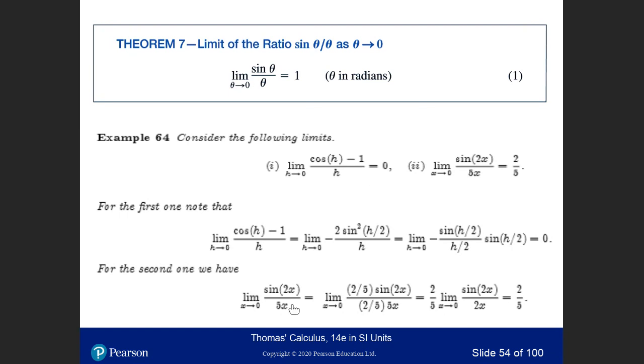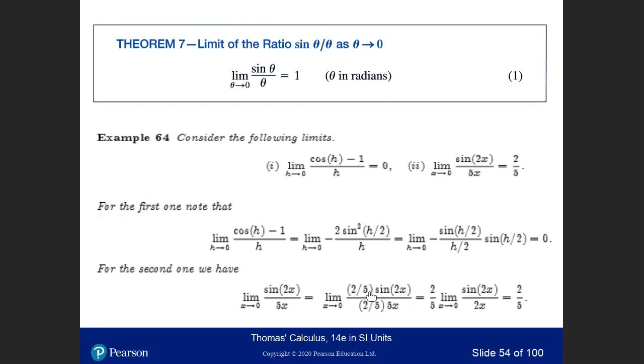Now let's look at the second one, sine 2x over 5x. As x approaches 0, we are going to look at this limit. Now I can multiply the numerator here with 2 over 5 and the denominator by 2 over 5, so nothing will change in the limit. It's one of the limit laws.